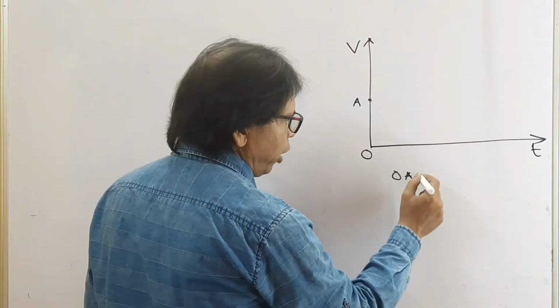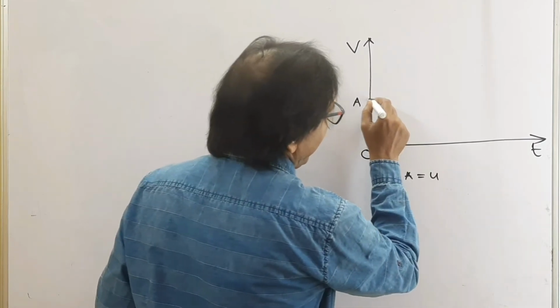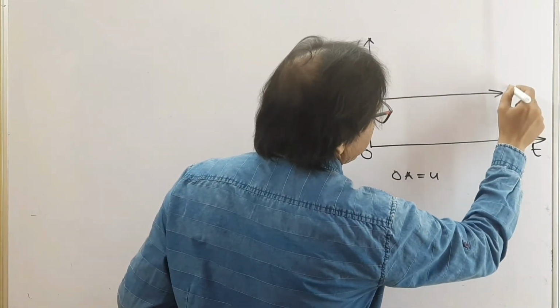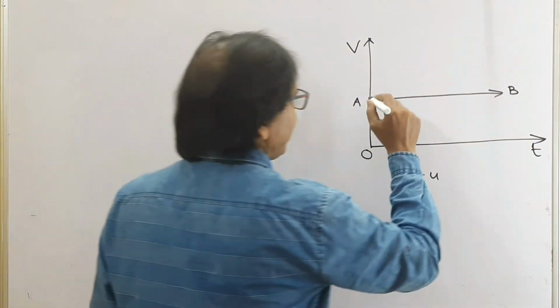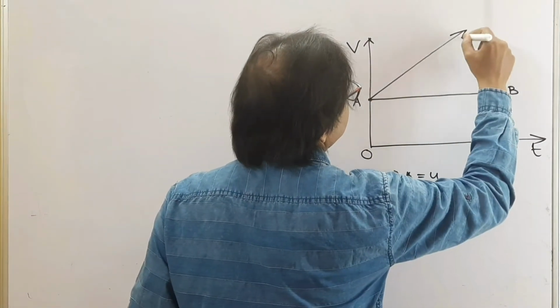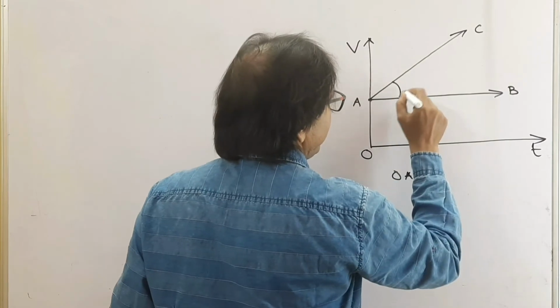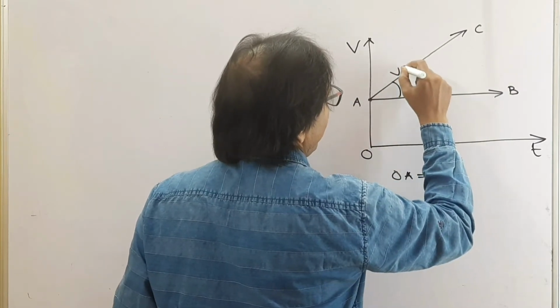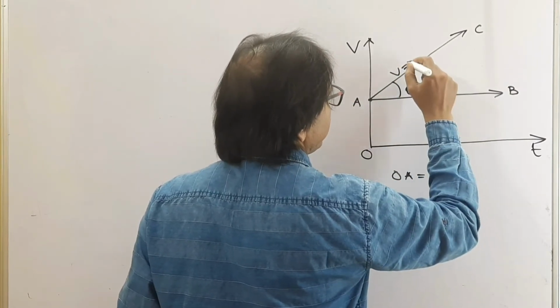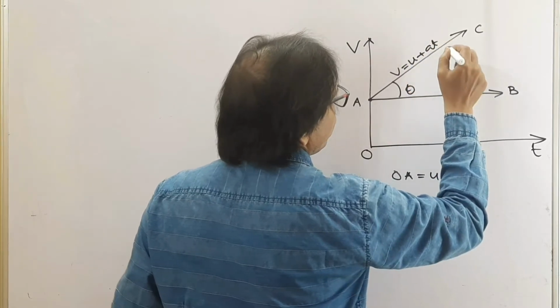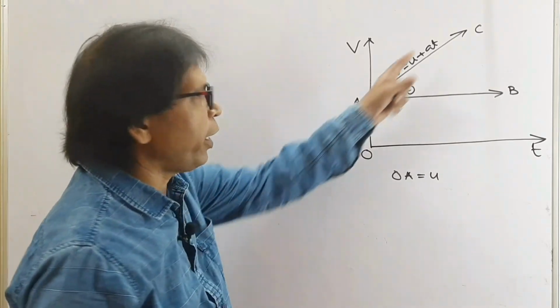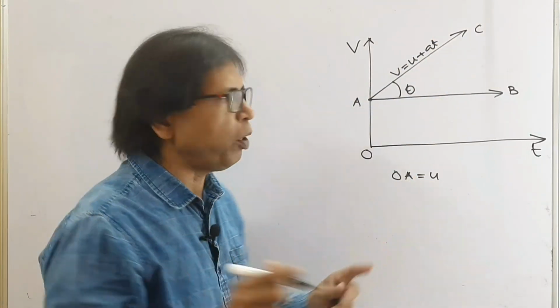If OA = u, then the line AB represents the uniform velocity-time graph, and the line AC, with angle θ, represents the graph of v = u + at. So any point on AC represents the final velocity.